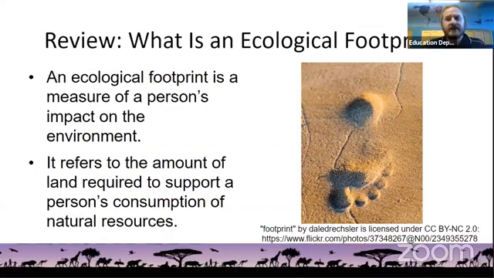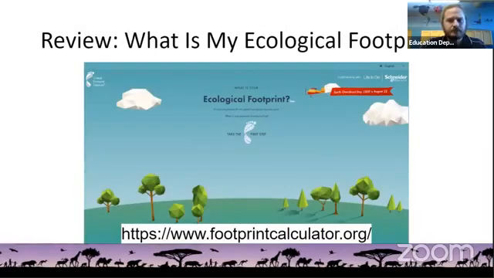It can be measured in hectares, which is the size of a couple of football fields, or how many Earths it would take to support our needs if everybody on the planet were like me, or our Earth Overshoot Day, which is at what point in the year we go from using resources that the Earth can regenerate in a year to starting to actually cut down on the Earth's resources. And I'll talk a little bit more about that in a moment.